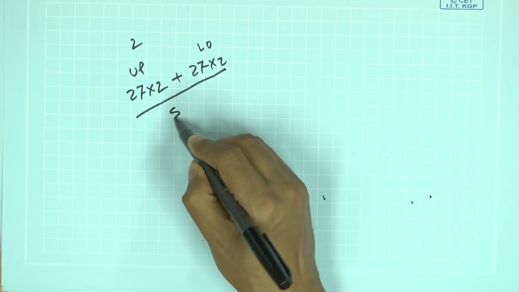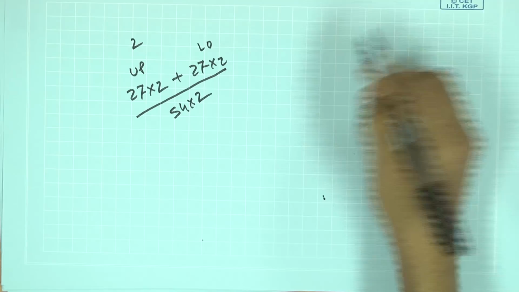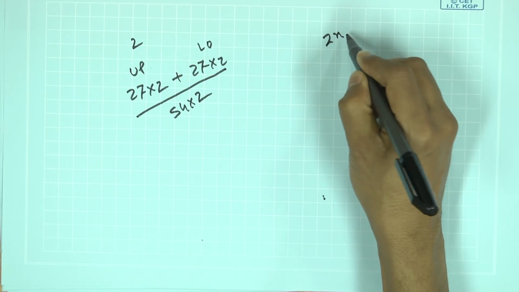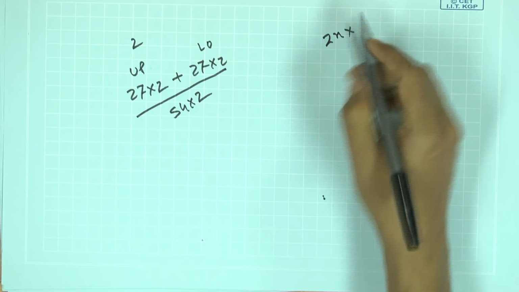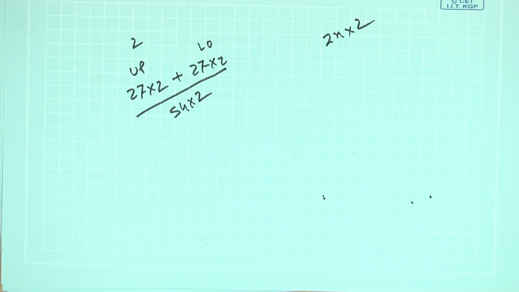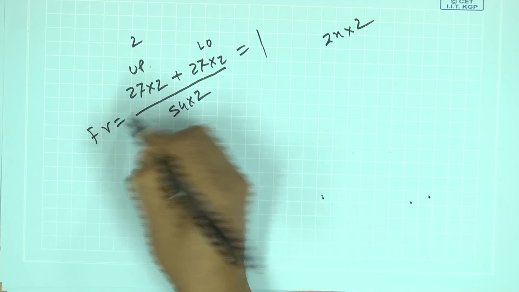That's why in the formula it is written 2n into the marks. If the marks is 1, that is 2n. If marks is 2, 2n into 2. Okay. So if you calculate this, it will be 1. So FB is equal to 1.